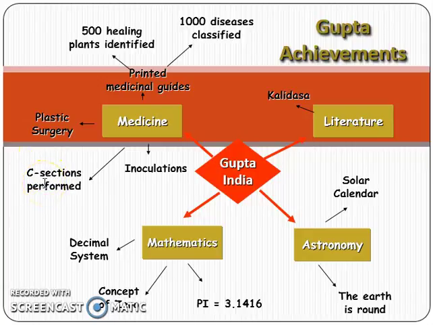C-sections, when a woman has a child, sometimes something goes wrong, she can't have a child naturally, a C-section could save her life, could save the baby's life. C-sections are much more common today, but the Gupta Empire is going to be one of the first areas to perform C-sections. So all of these are also achievements of the Gupta Empire.